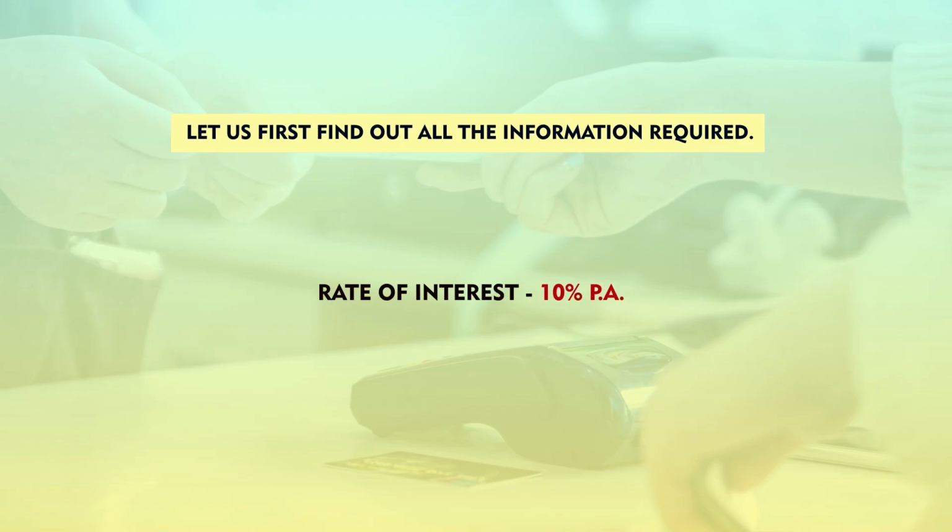Rate of interest 10% per annum, rate of depreciation 20% per annum, method of depreciation straight line method. So, all the relevant information has been provided, and with the help of this information we can easily prepare the ledger accounts in the books of the hire purchaser or in the books of the hire vendor.